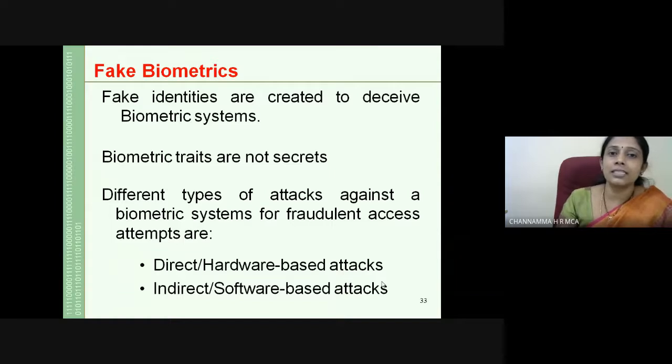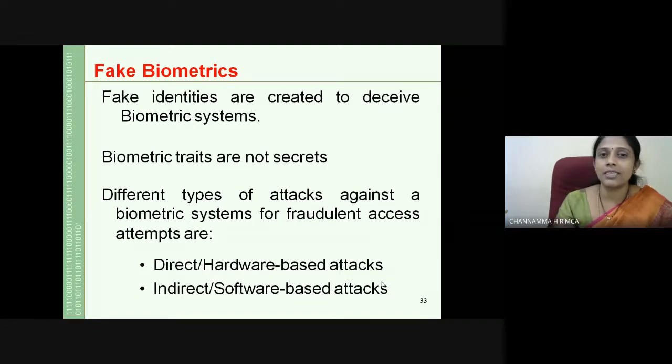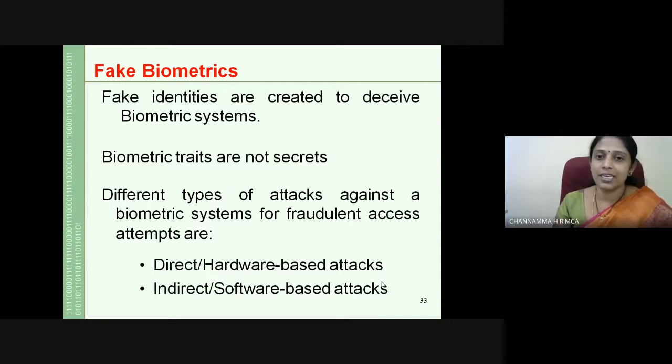Hence they try to make fake identities. That is how fake biometrics exist. Fake bio identities are created to deceive biometric systems. There are two ways of making these fake identities: the direct method and the indirect method.